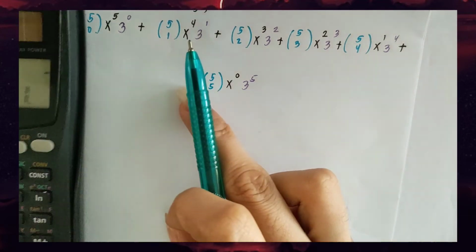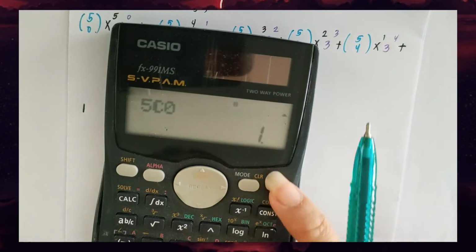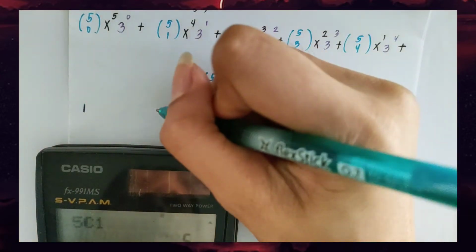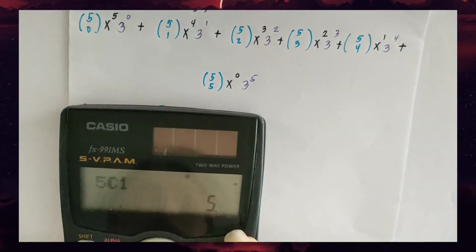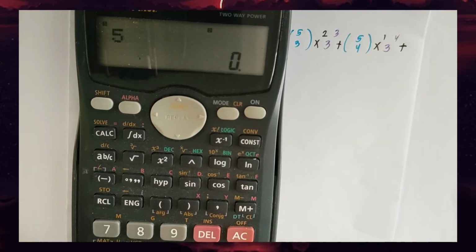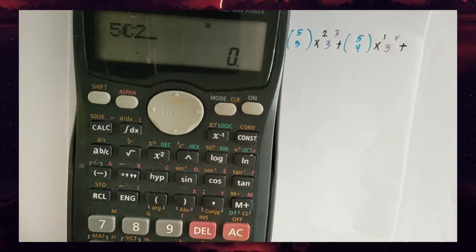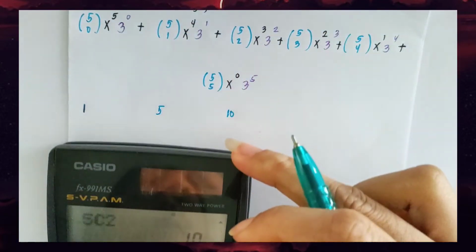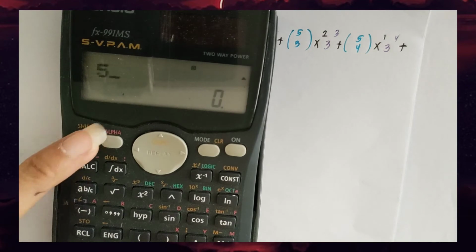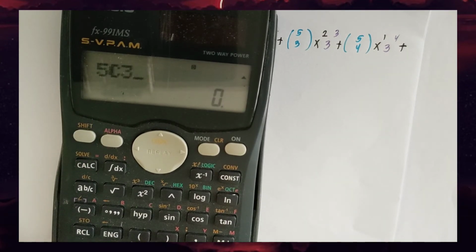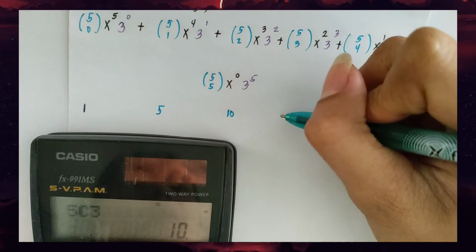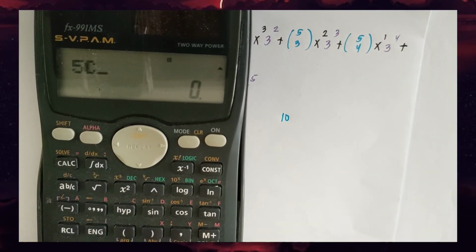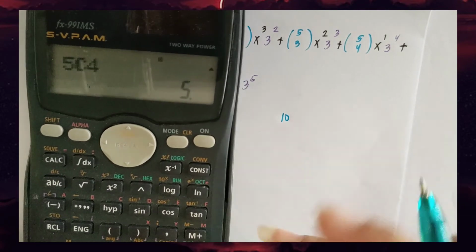Next, how about 5 combination 1? 5 combination 1 is 5. 5 combination 2 is 10. Next, 5 combination 3 is 10. 5 combination 4 is 5.